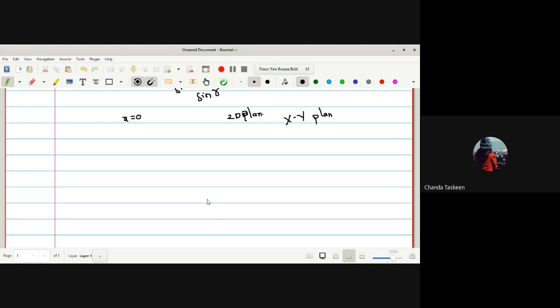I am saying we are in the xy plane. Imagine that you are in the xy plane and x equal to 0 represents dot dot. You have to fill in the blanks.